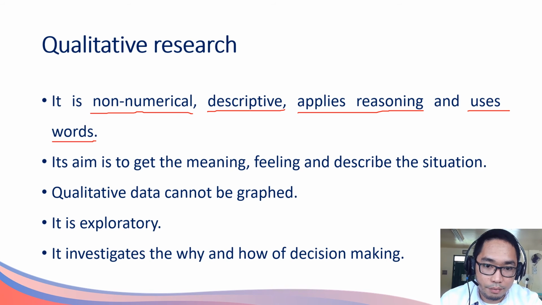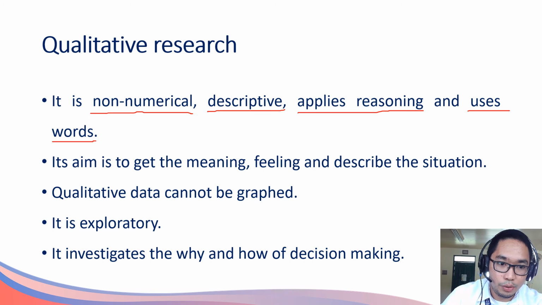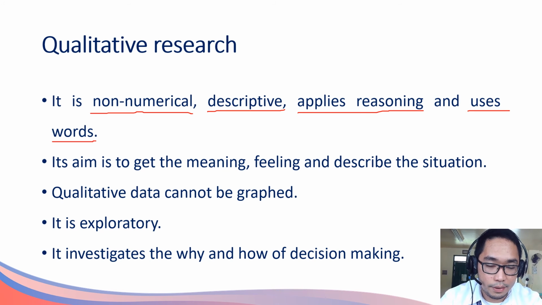And of course, they will use words to describe something or to further express their thoughts with the particular research problem. Its aim is to get the meaning, feeling, and describe the situation.